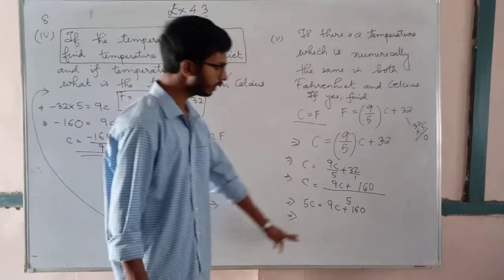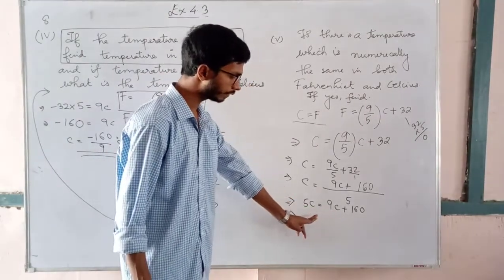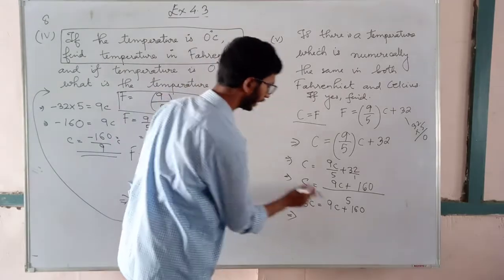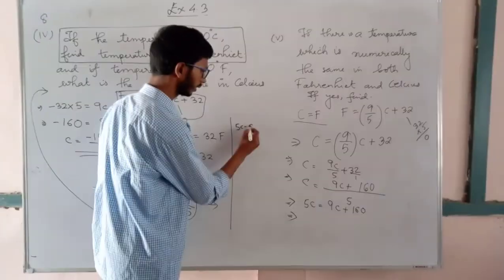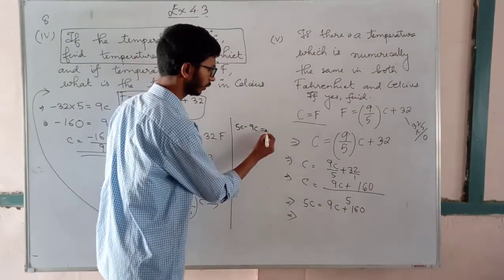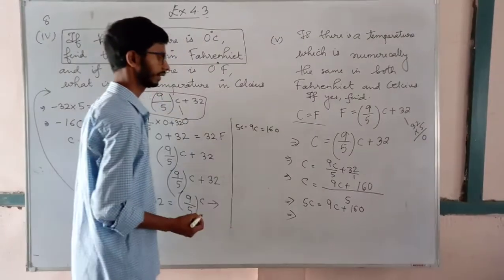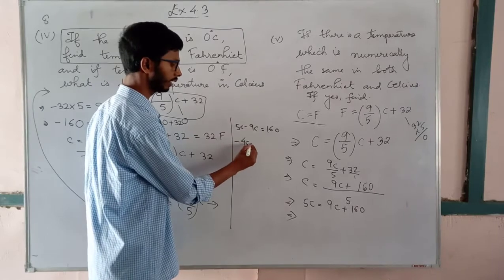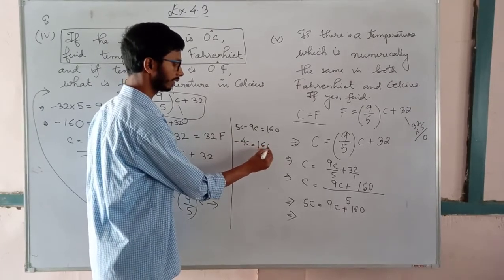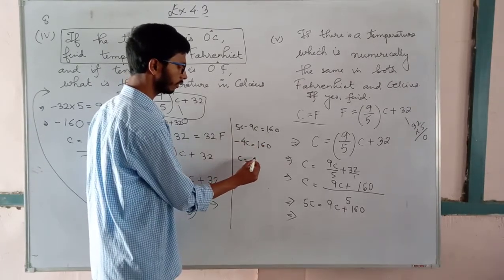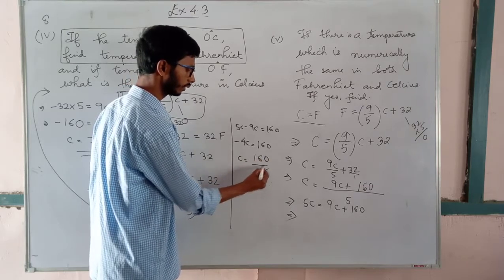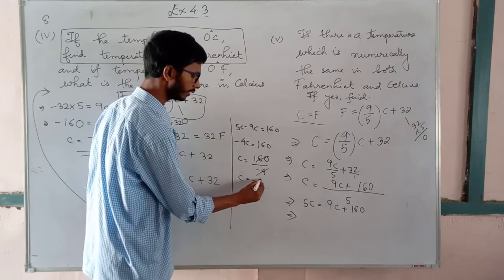Okay. Now this plus 9C, if I bring it to the left hand side, what will we get? 5C minus 9C equal to 160. So 5 minus 9 is minus 4C equal to 160. So C equal to 160 by minus 4. If you cancel it, you will get minus 40.